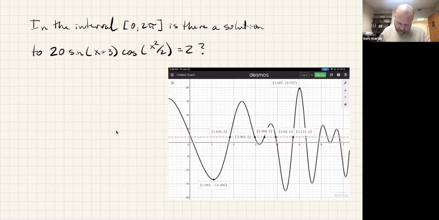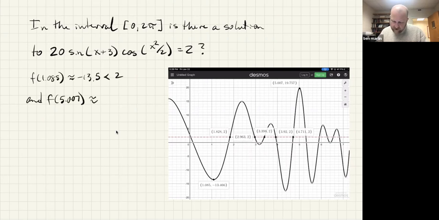So f of 1.085 is about negative 13.5, which is less than 2. And f of 5.007 is about positive 19.8, which is greater than 2.